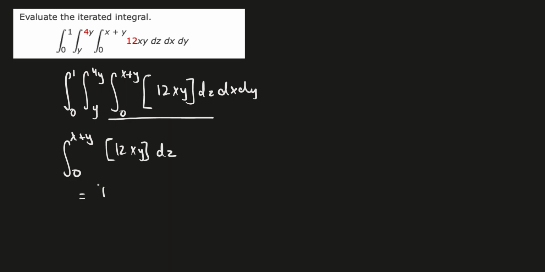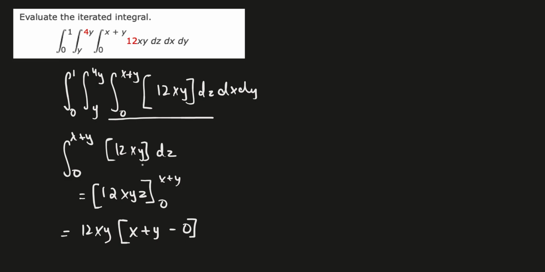So this becomes 12xyz, because we're integrating with respect to z, and then going from 0 to x plus y, this becomes 12xy times x plus y minus 0, which is just 12xy times x plus y.